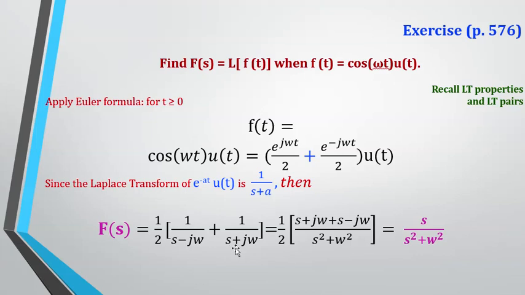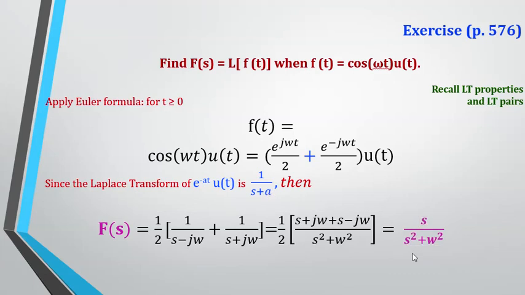The numerator will add them up: s plus j omega plus s minus j omega, then the j omegas cancel each other. I will have 2s over 2 times s square plus omega square, the 2's cancel each other. I will end up having s over s square plus omega square.